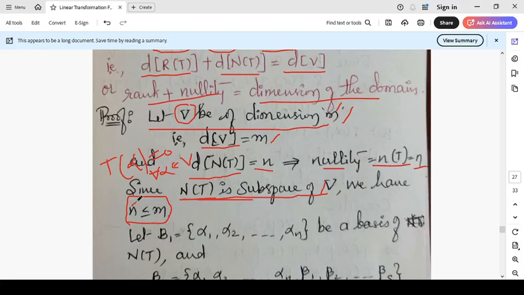Here n is the dimension of N(T) and capital M is the dimension of V.